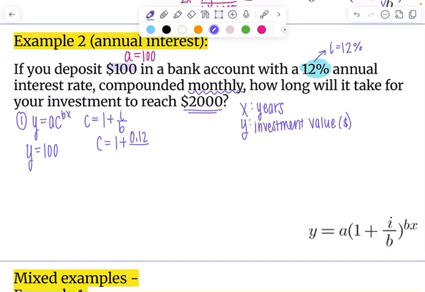So the 0.12 will be divided by the B value, and because it's happening every month, that's happening 12 times a year. So your B is 12 because it's 12 times per year. So your C value is just going to be 0.12 divided by 12, which is 0.01, plus 1, so 1.01.